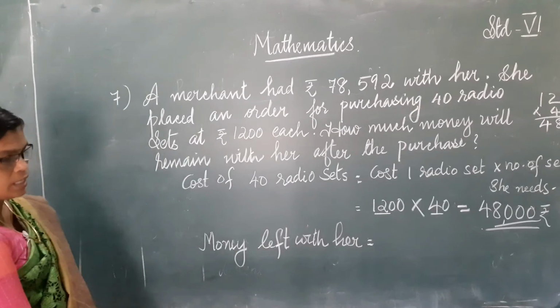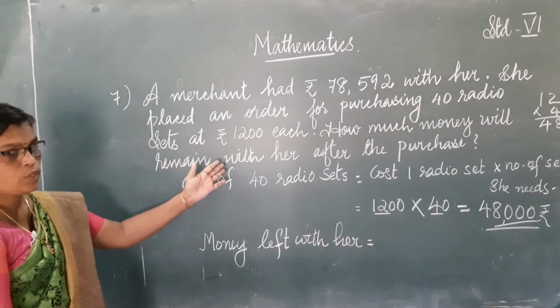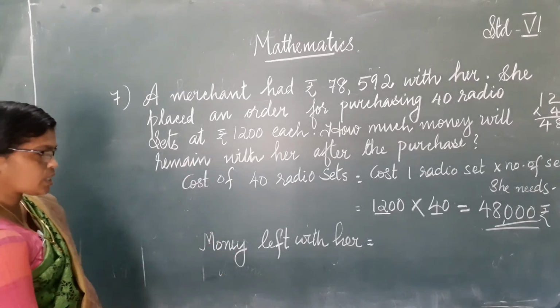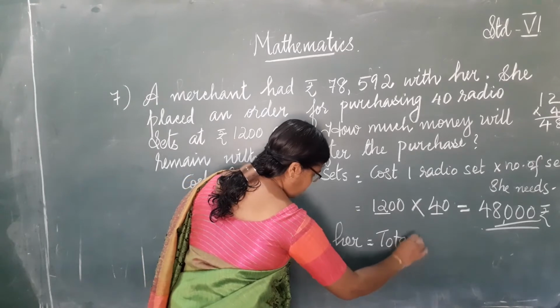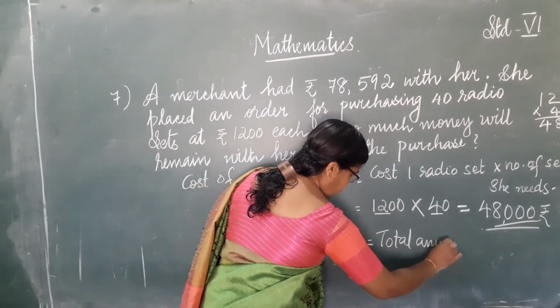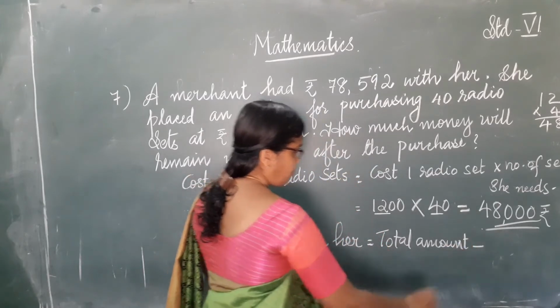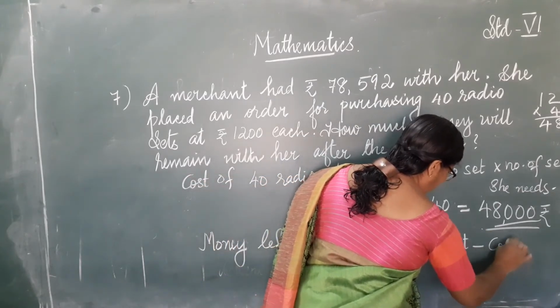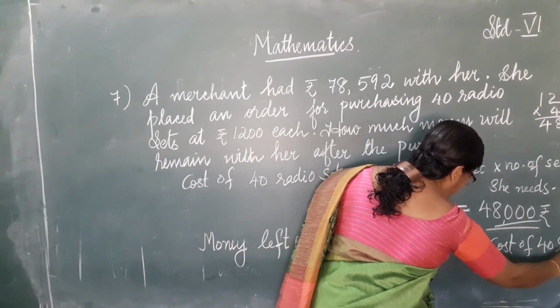Left with her, isn't it? Or money remains with her after the purchase. That is equal to total amount minus cost of 40 radio sets.